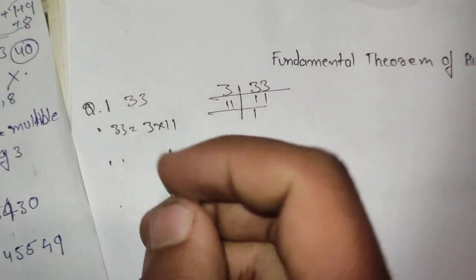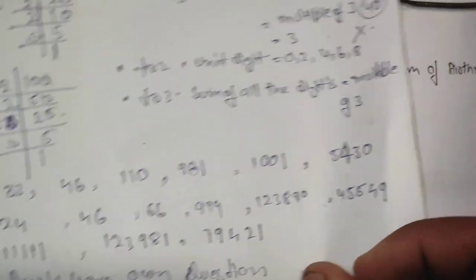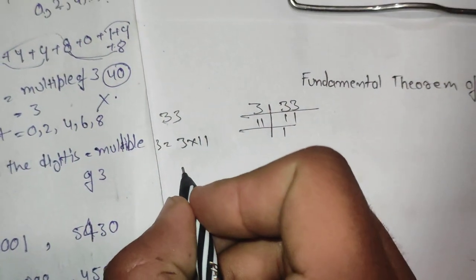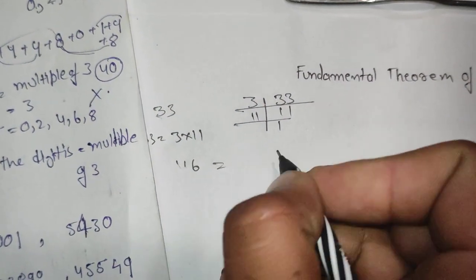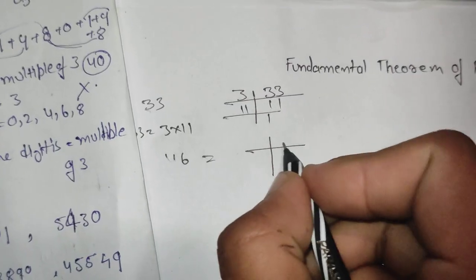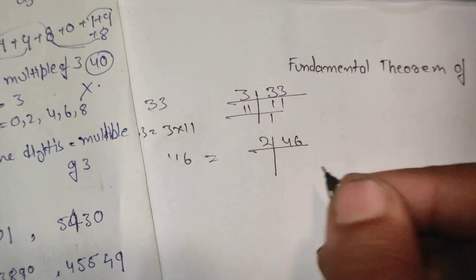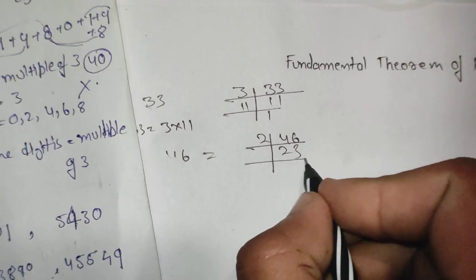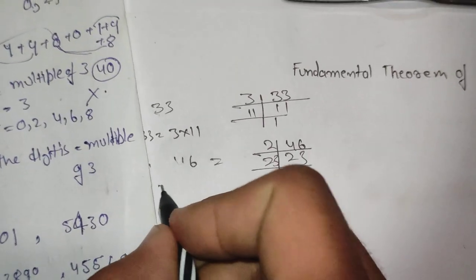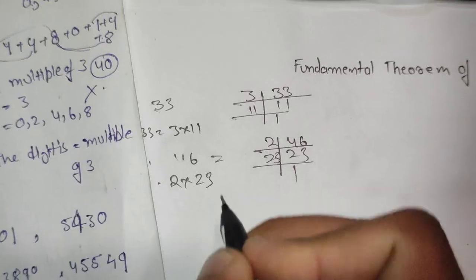Starting from 2, 46 is 2 times 23, and 23 is prime, so it becomes 2 times 23.